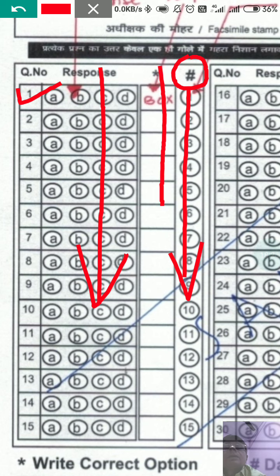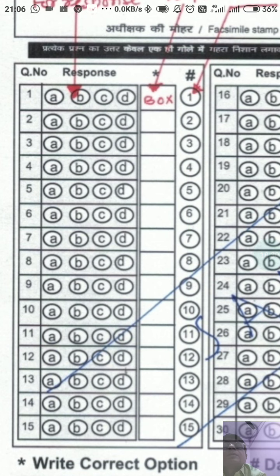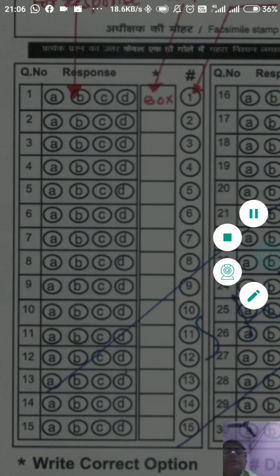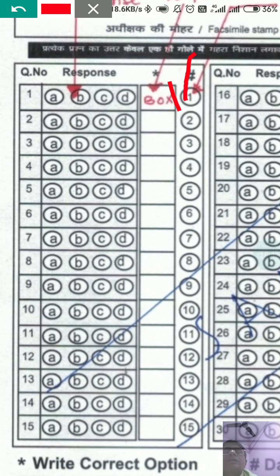there is a box here, and again you see the circles with the question numbers. What do we have to do with these circles with the question numbers?